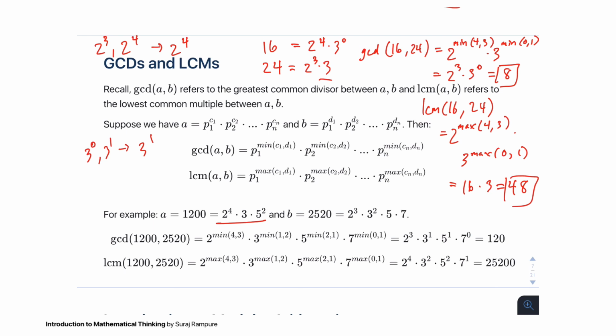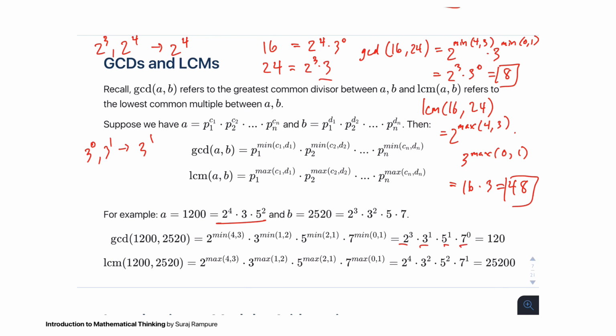Okay? And so to find the GCD and LCM, we sort of just apply this algorithm, right? So when we're trying to find the GCD, our potential exponents on 2 are 4 and 3. The min of that is 3, so we take 2 to the 3. The min of 1 and 2 is 1. Min of 2 and 1 is 1. And the min of 0 and 1 is 0.